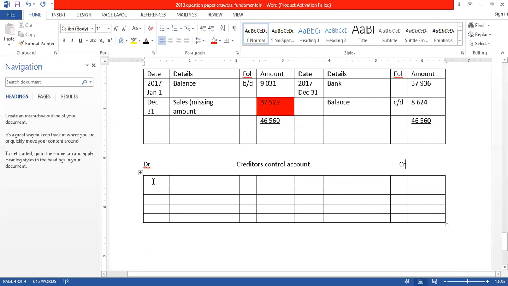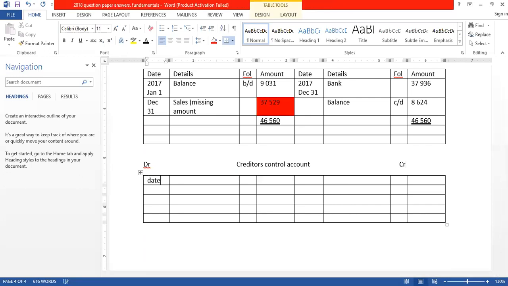So we have the date column, then the details, folio, and then the amount, and then date again on the credit side, the details column, folio, and the amount.